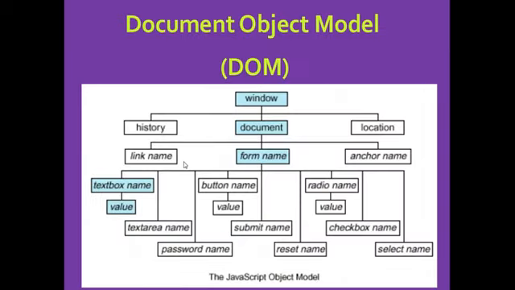So in JavaScript, everything happens in the DOM, that is the Document Object Model. It has a hierarchical look, because every child element has a relation with its parent. With the Document Object Model, we can start various interactive or live programming concepts in JavaScript.